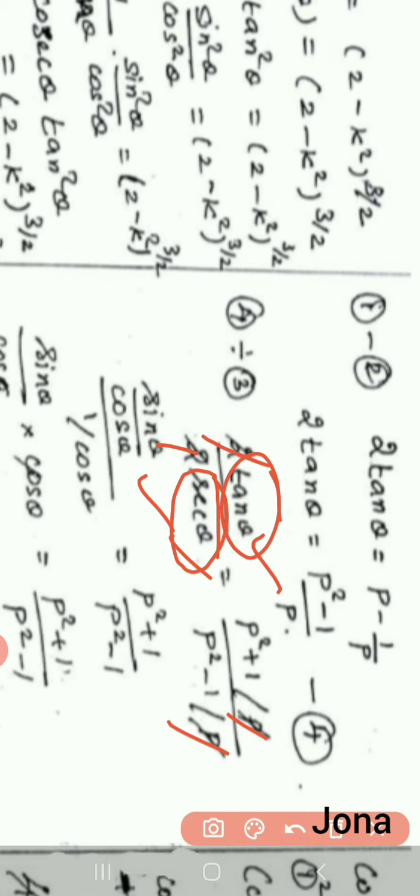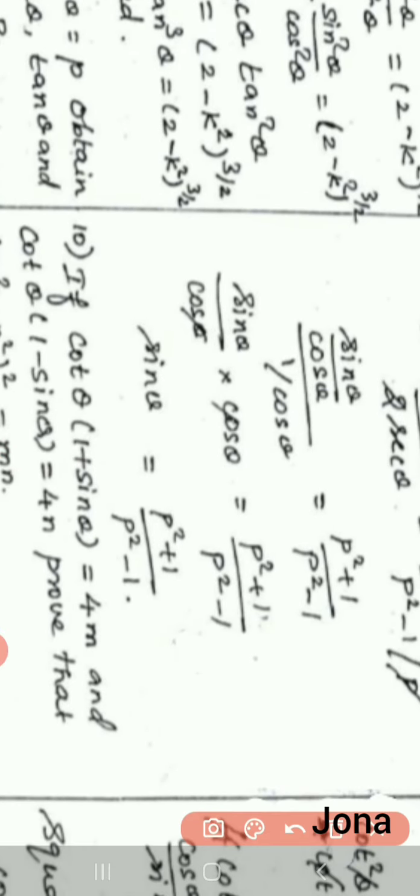The secant theta can be written as 1 by cos theta. Okay, so that I can write this one as cos theta divided by 1, isn't it? So cos theta and cos theta will get cancelled. The remaining thing is sin theta equal to p square minus 1 by p square plus 1.